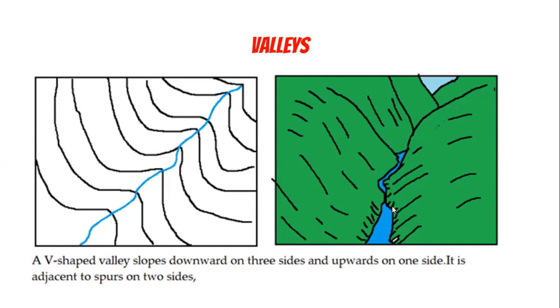All right, notice what is happening. The land is rising on this side, and it is rising from this side as well. The river is also flowing down, so it means that it is rising from this side too, and then it is descending in this direction.